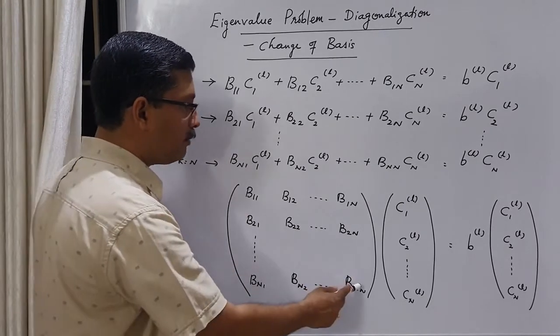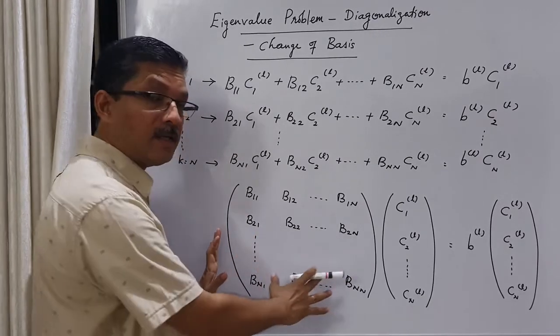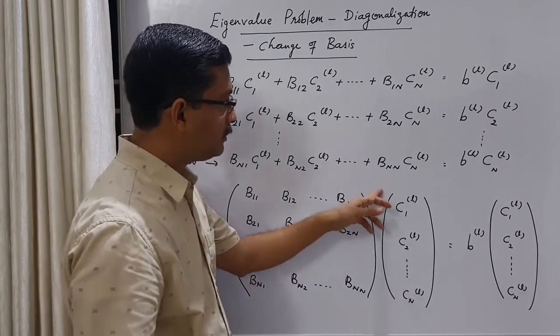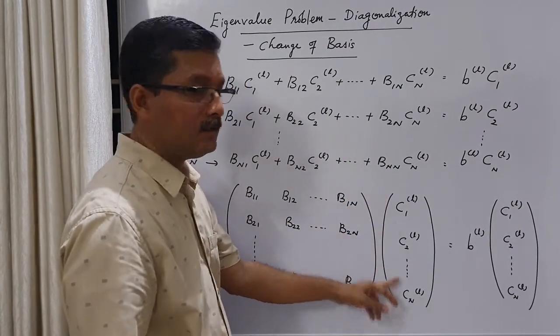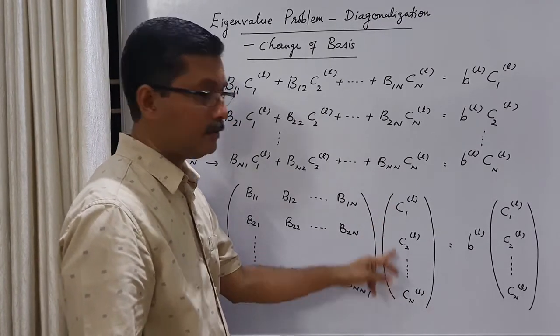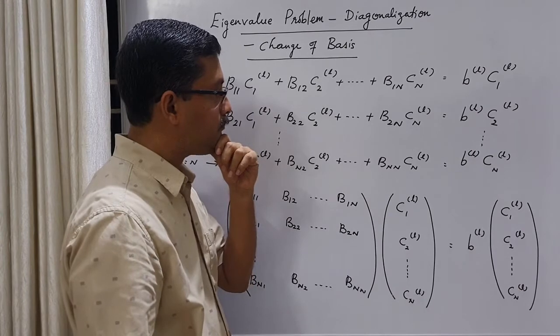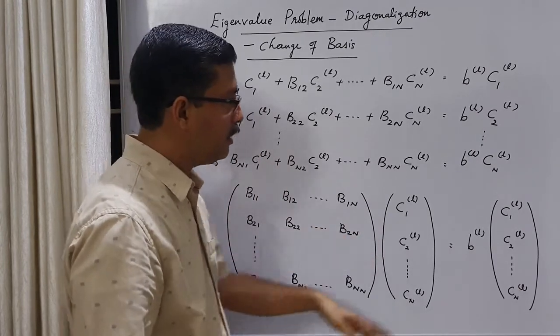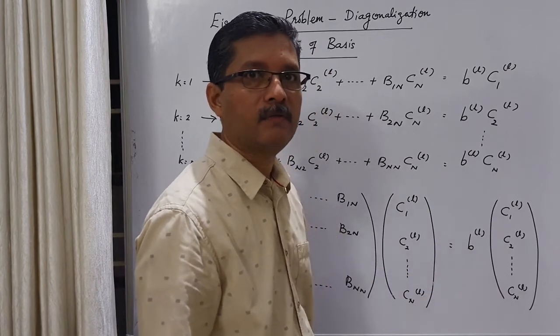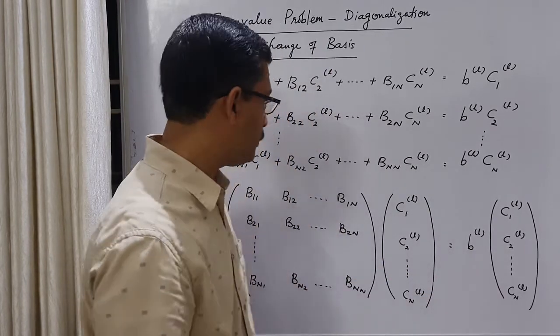So this is an n by n matrix, which forms the matrix elements of the operator B in the old basis A, and this is an n by 1 matrix. These are the components of the lth eigenket of B in the old basis, and this is the lth eigenvalue. Again, these are the n components of the lth eigenket of B in the old basis.